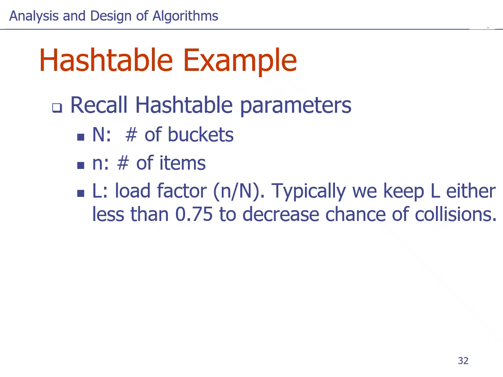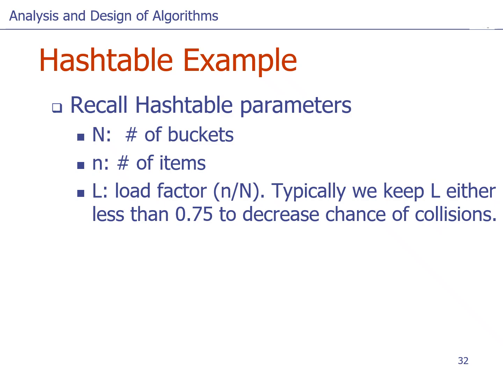You have already studied a data structure that used amortization, which you learned in data structures. It's the hash table. Now, what are the hash table parameters, if you remember? You had capital N, the number of buckets, and small n, the number of items that you have inserted into the hash table.